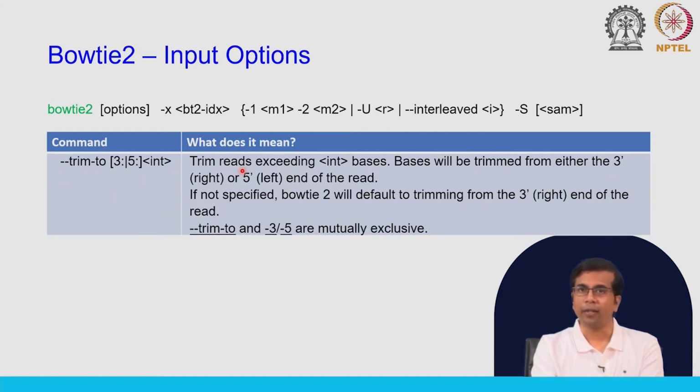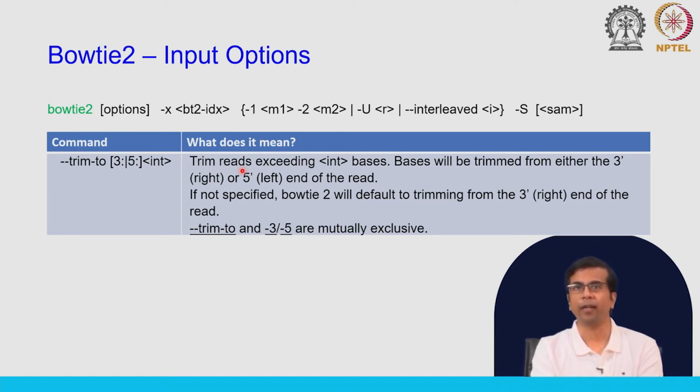Then you also have other options, something called minus trim 2, 3 prime or 5 prime, followed by an integer number. What it does is that it will trim reads exceeding a certain number of bases.